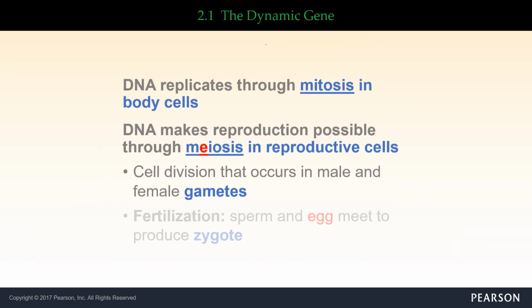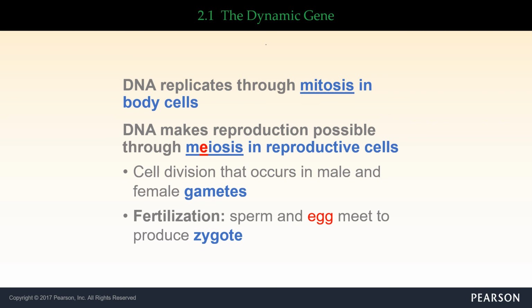So DNA replicates through mitosis in the body cells. So the body cells that we were talking about, they reproduce themselves by a process called mitosis. DNA makes reproduction possible through meiosis in reproductive cells. And you can remember that the process of reproduction or replication for eggs and sperm is meiosis, because there is an E there for egg.